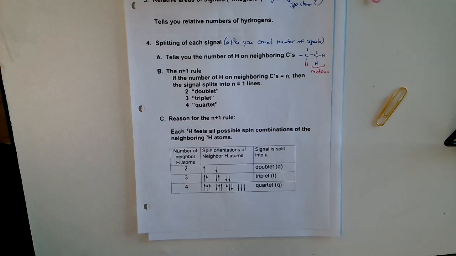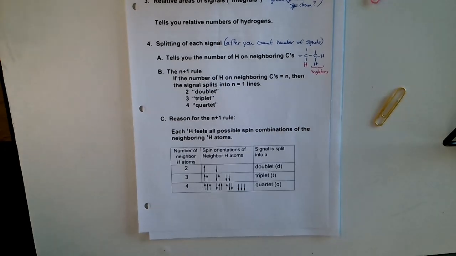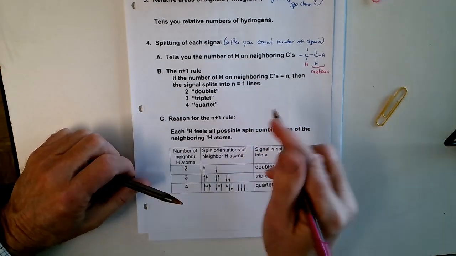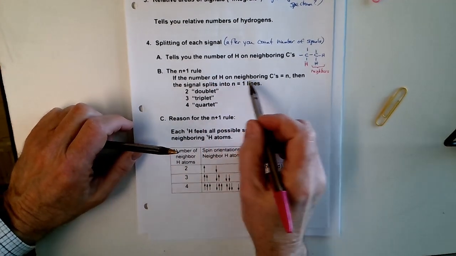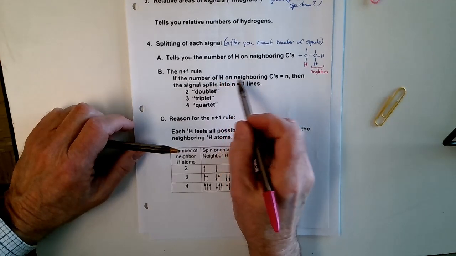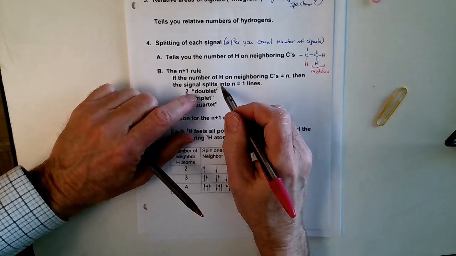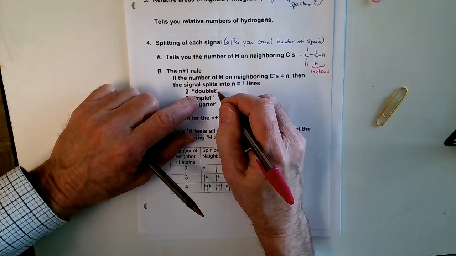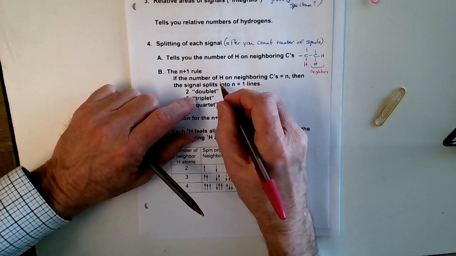All right, now you can start putting together pieces of molecules and sticking them together in some order that makes sense, which we'll do. And here is the handy rule that allows you to pick out the number of neighbors. So it goes like this. If you count your number of hydrogens on neighbor carbons, then you can expect the signal to get split into n+1 lines. Okay, and here's what that would look like.